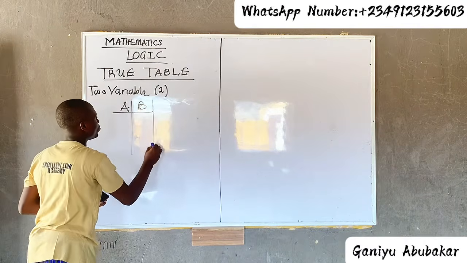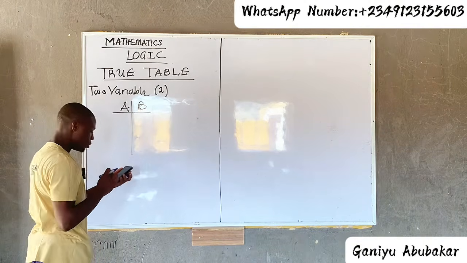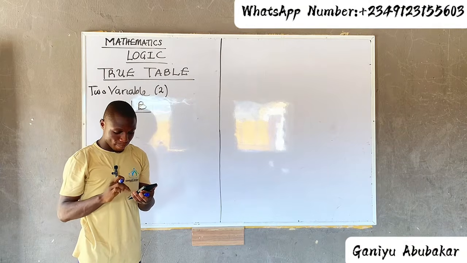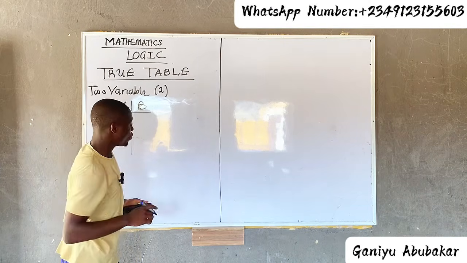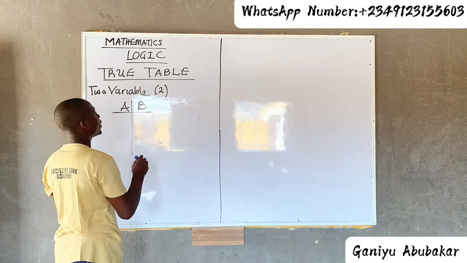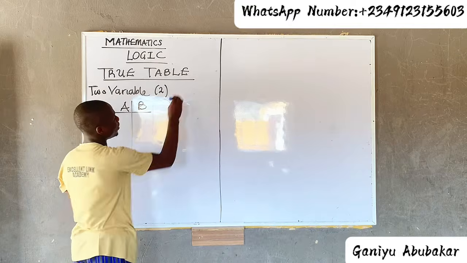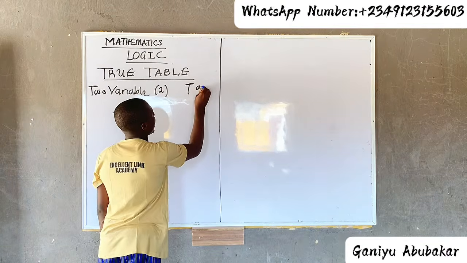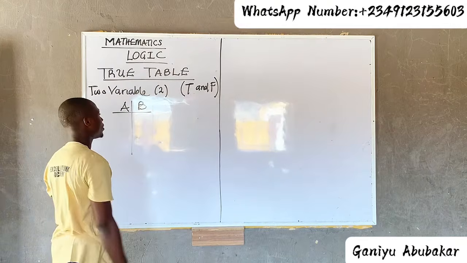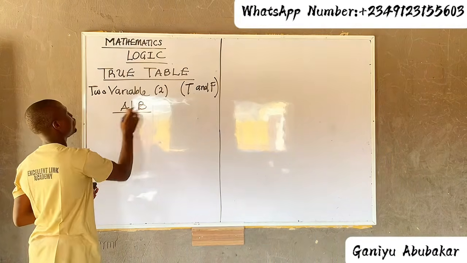So first variable and second variable. All right, so let's say I have this here. For the truth table there, what I'm only dealing with is actually true and false. So I'm actually focusing on true and false, right?